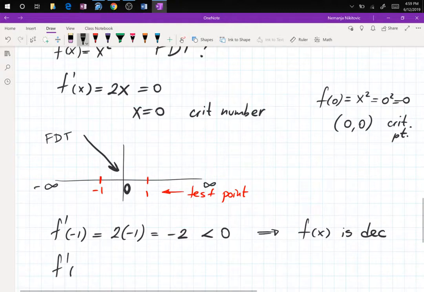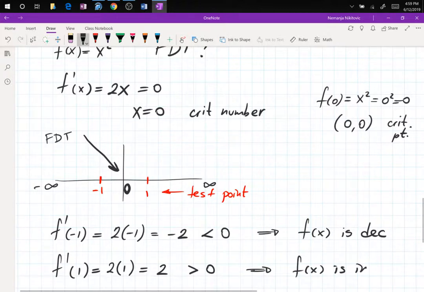Then we do the calculation for the other point at 1, so that's 2 times 1, which is 2, which is larger than 0, and that will give us that f of x is increasing because the derivative is larger than 0, so that's going to go up.